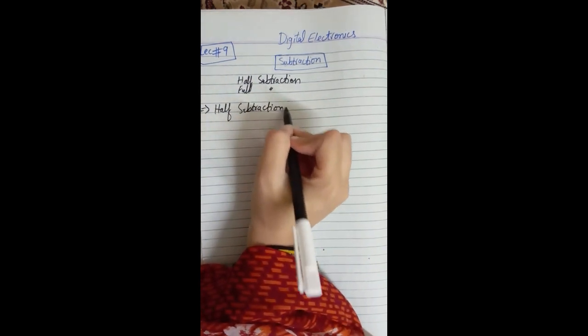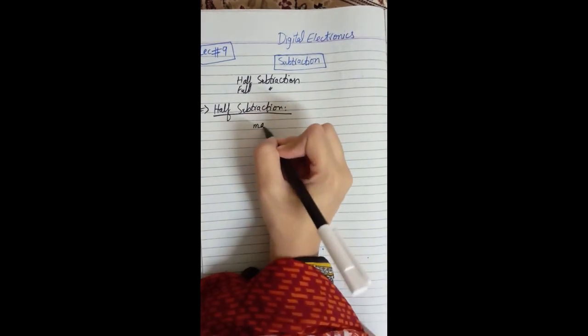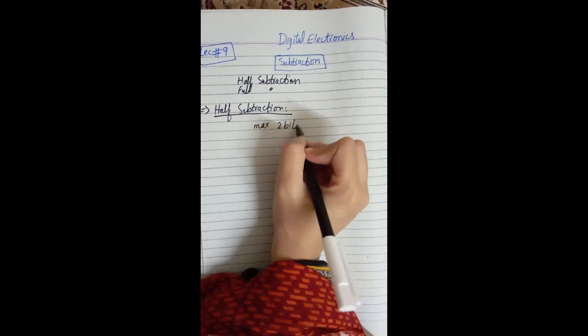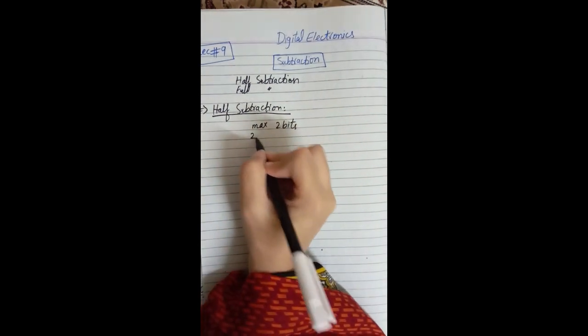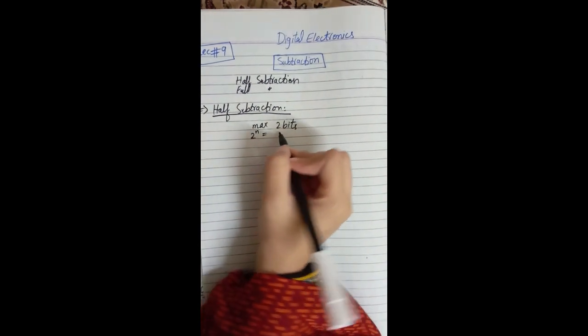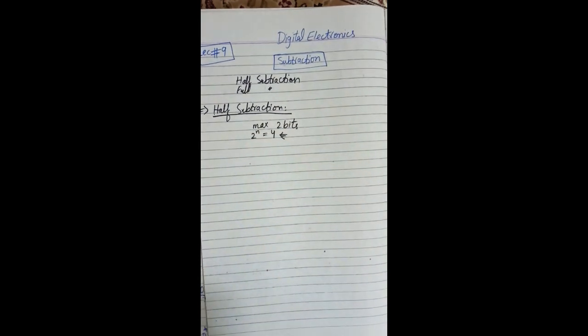In this we have a maximum of 2 bits, and the possible combinations we can have are 2 raised to power n, which is equal to 4. These are our total possible combinations.